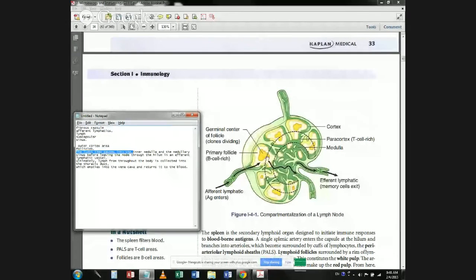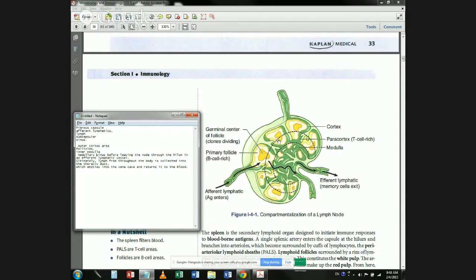Here's the inner medulla. It goes from here, percolates around the follicles, and enters the inner medulla right there, and the medullary sinus. So that part is called the medullary sinus. Basically, it's the same canal. So here is the subcapsular sinus, and here is the inner medullary sinus right there.